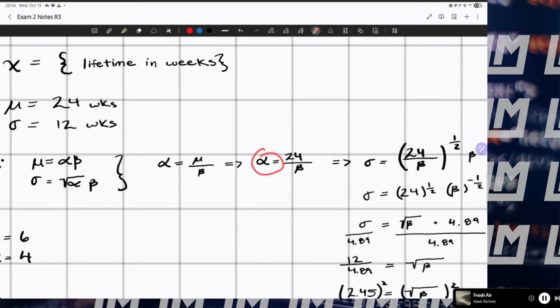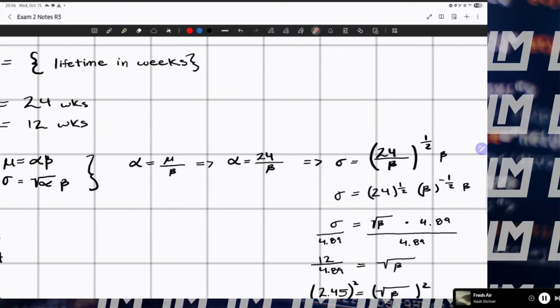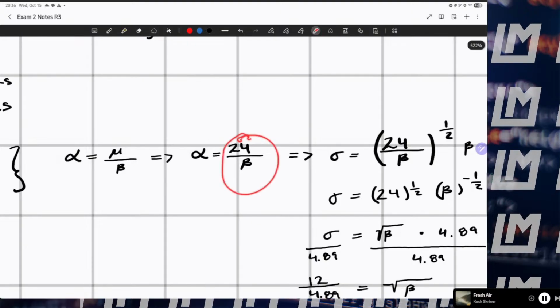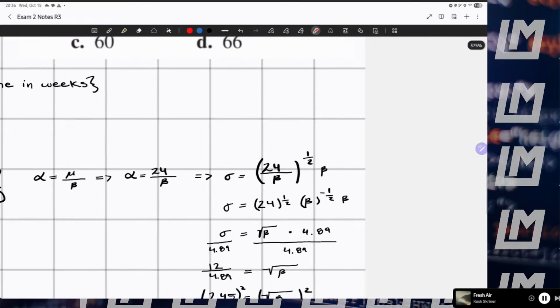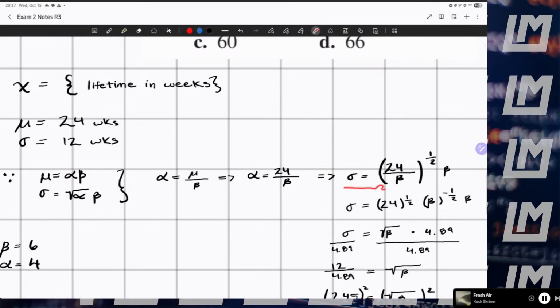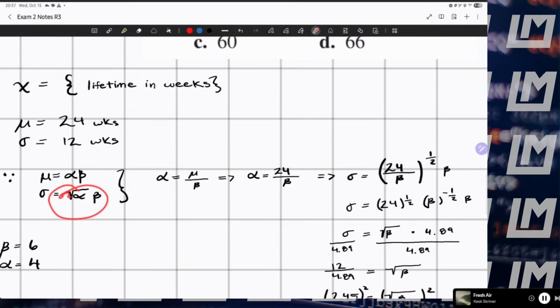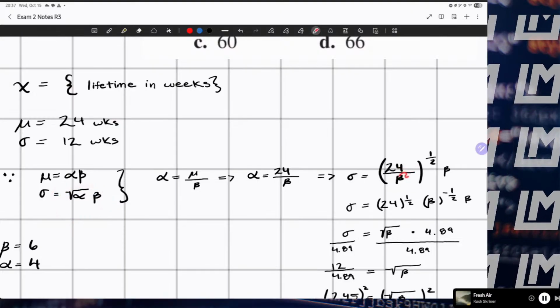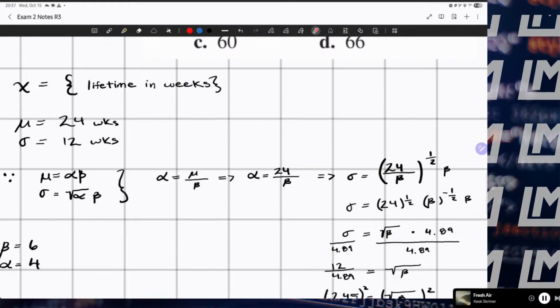And we don't know alpha. So given that, we can now have a common variable of beta. Then I set the standard deviation, using this formula right here, to the square root of 24 over b.